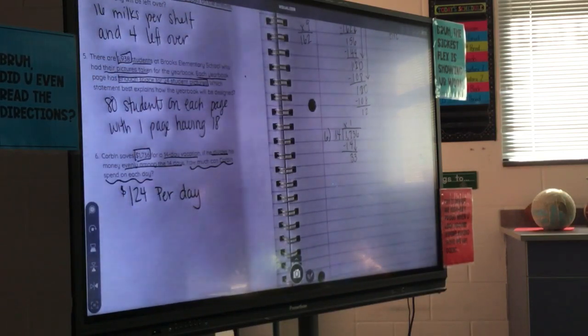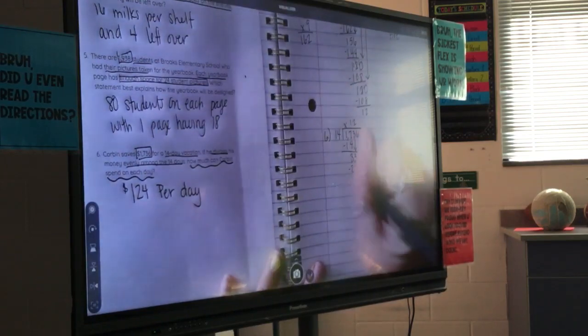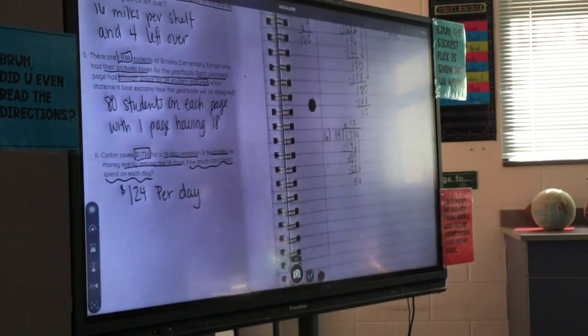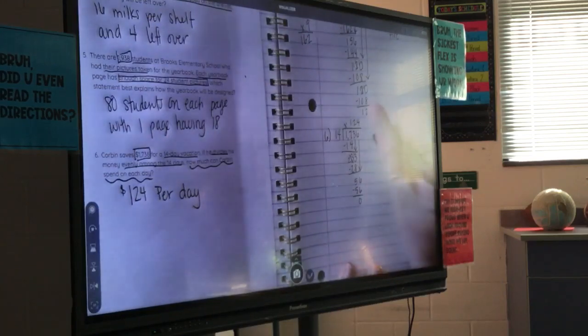So multiply by 2, okay? And what do I multiply 14 by to get 56? To get 56, Cannon? 4. So that means he can spend $124 per day.